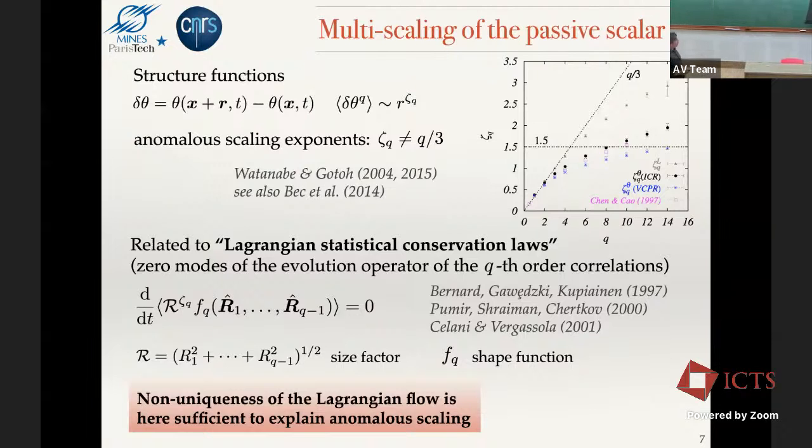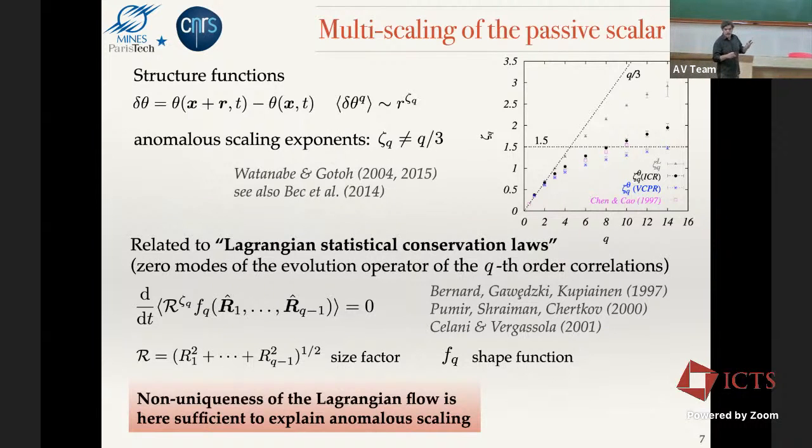So now the thing which is a bit magical with this passive scalar is that this intermittency, the fact that you have scaling exponents which are not predicted by dimensional analysis or by simple self-similar arguments, is true even if the fluid velocity field that you remember we just prescribed has no intermittency.